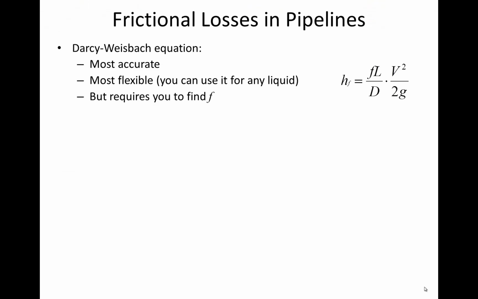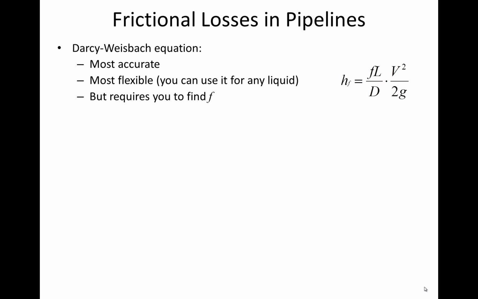There are three methods that we can compare for calculating frictional losses in pipelines. The first of them, the Darcy-Weisbach equation, is the most accurate because the friction factor that's used in this formula, the F value, varies as a function of flow conditions, the liquid that's being transported in the pipeline, and also the pipeline characteristics itself. So therefore you could say that it's the most flexible of the three equations that we're going to look at here today.